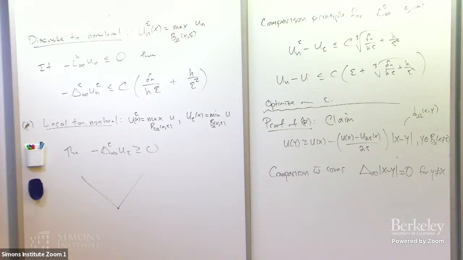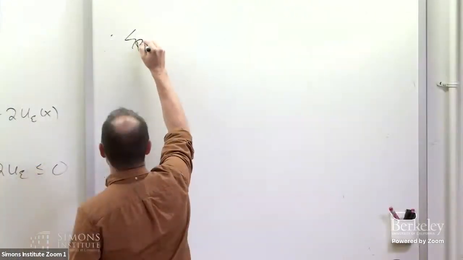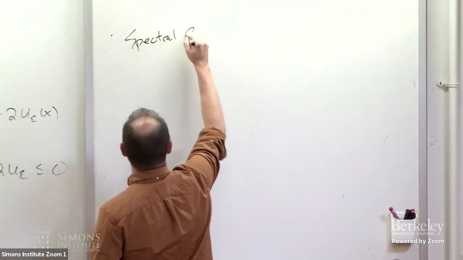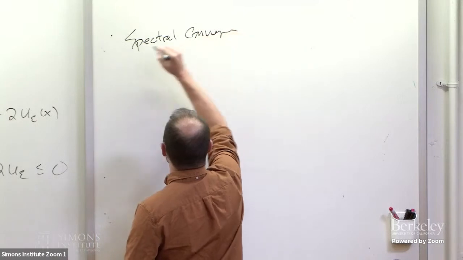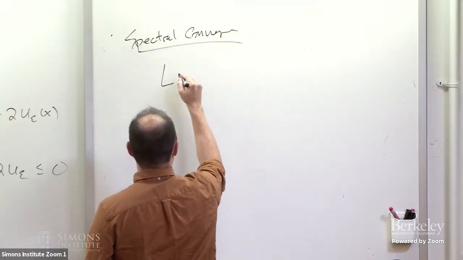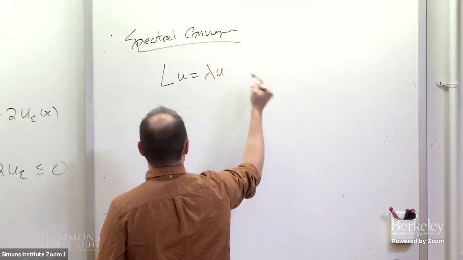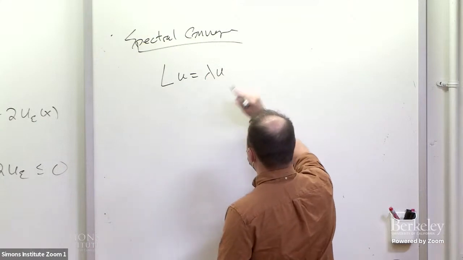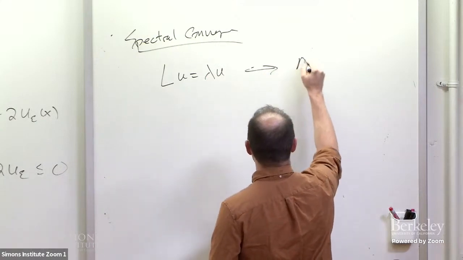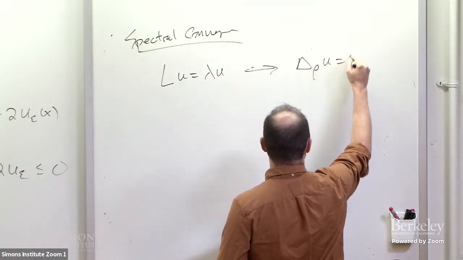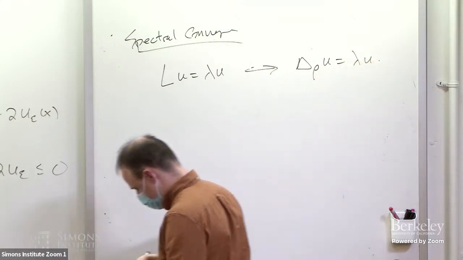What I'd like to do is to look at spectral convergence, which I've written some papers on recently. So this is if I have an ordinary graph Laplacian, and I have an eigenvector eigenvalue for this, and I want to have convergence to a continuum eigenvector eigenvalue problem.